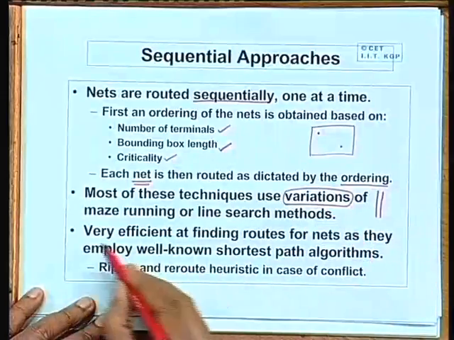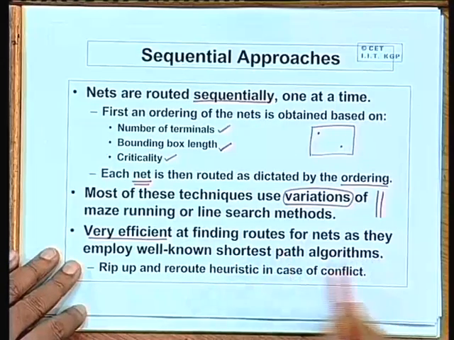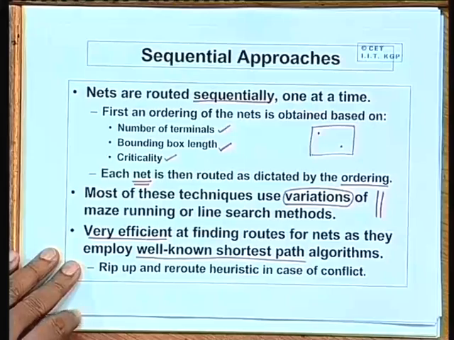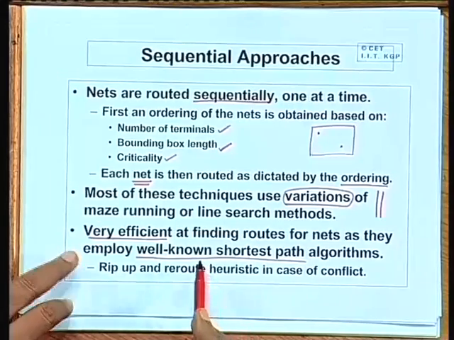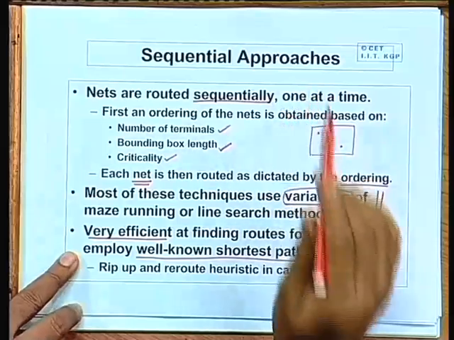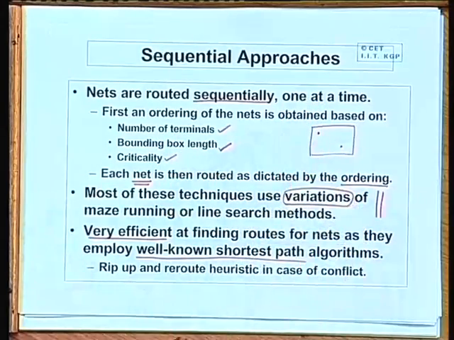Now this sequential approach is very efficient because it finds routes using well known shortest path algorithms. Some of these methods break up a multi-terminal net into several two-terminal nets and do them one at a time, because routing of two-terminal nets is the easiest and optimal algorithms exist for that.